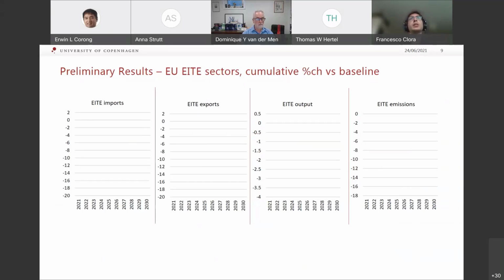So compared to the baseline, greenhouse gas emissions in IT sectors are decreased by 16% in the EU Green Deal scenario. The EU climate efforts lead to a reduction in output by 3.5%, and due to competitiveness losses both in international and domestic markets, we observe an increase in IT imports in the EU from the rest of the world, and a reduction in exports to the rest of the world.